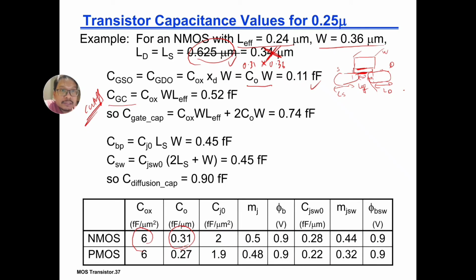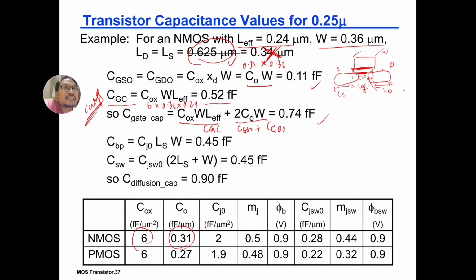Here we can see it's 6 times W 0.36 times L effective 0.24, and you should be able to get this. And what is the total gate capacitance? The total gate capacitance is the two overlaps plus the channel. So this is your CGC, CGSO plus CGDO plus C gate to channel, and we should be able to get this.